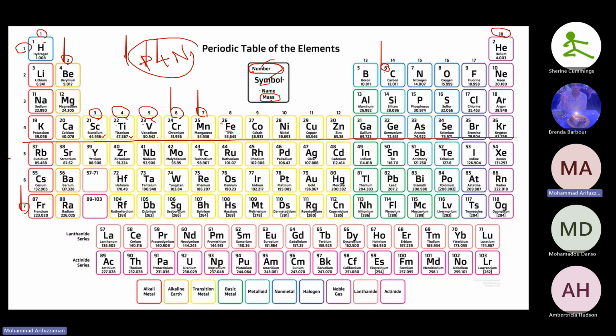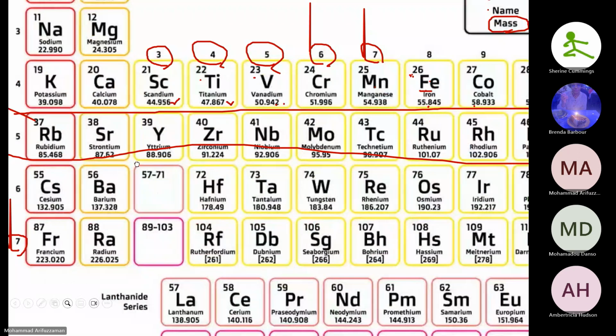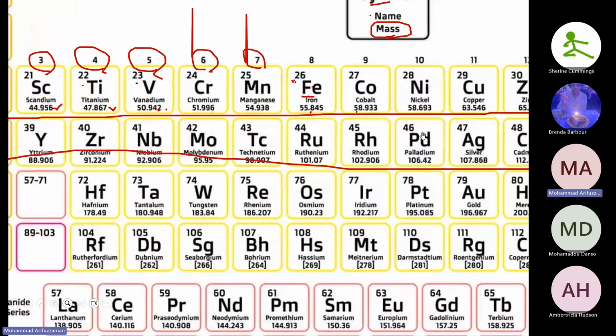I just highlight one row. Can you see the atomic number? 37 is the atomic number, right? The atomic number increases as you move right along a row: 37, 38, 39, 40, 41, 42, 43, 44, 45.